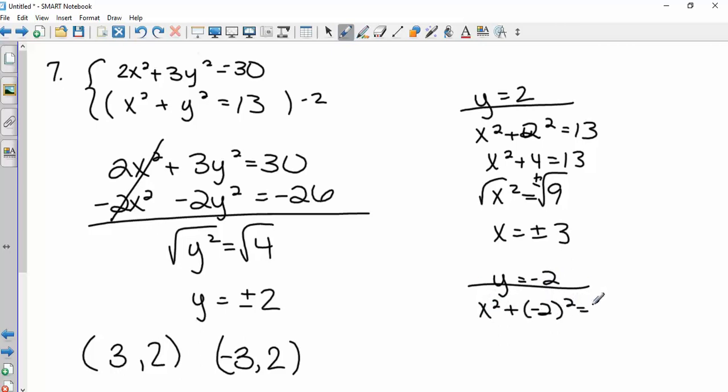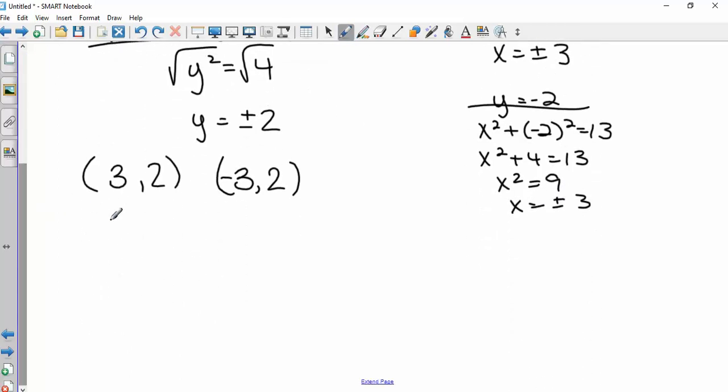we have x squared plus negative 2 squared equals 13. And what happens? Same thing. X could be positive or negative 3. So when y is negative 2, we also have 2 possibilities for x.